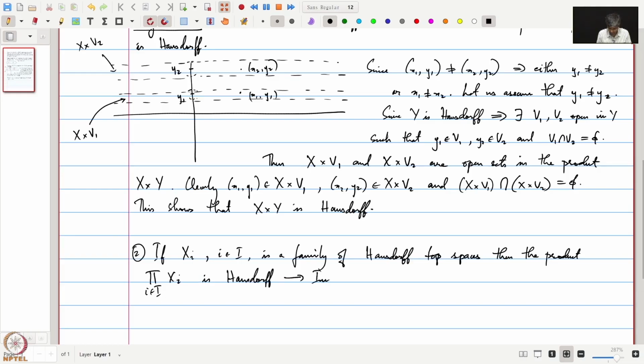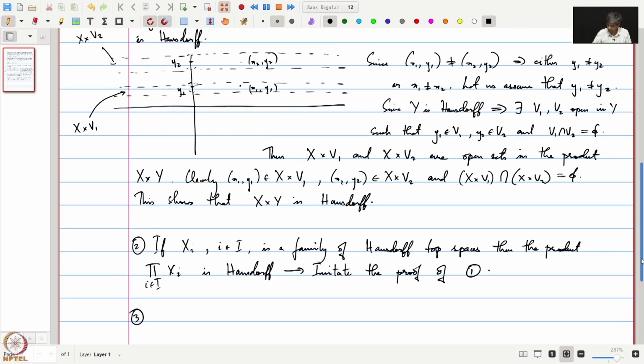Imitate the proof of 1. The same proof as in the previous case will work, and I will leave it as an exercise.